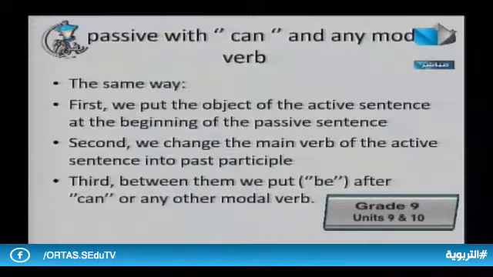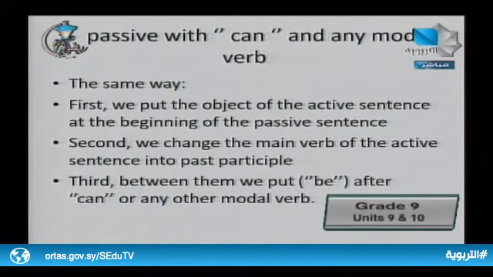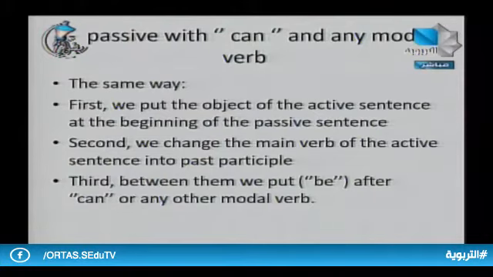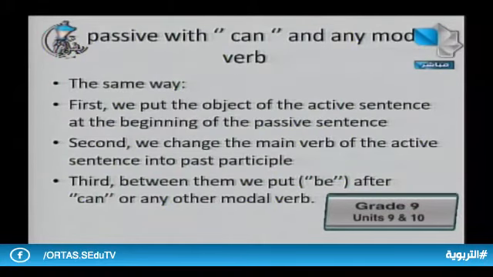And now we come to the grammar of the unit, which is the auxiliary can, and any other auxiliary. Passive with can and any modal verb works the same way as we talked about before. First, we put the object of the active sentence at the beginning of the passive sentence. Second, we change the main verb of the active sentence into the past participle, the third verb.